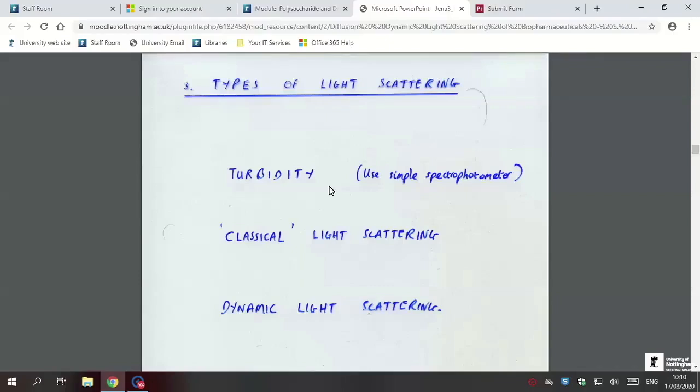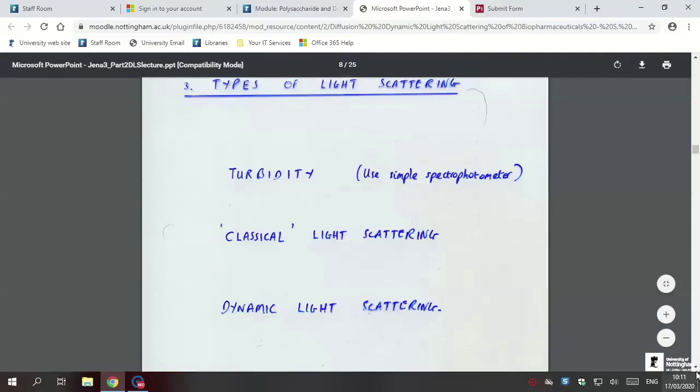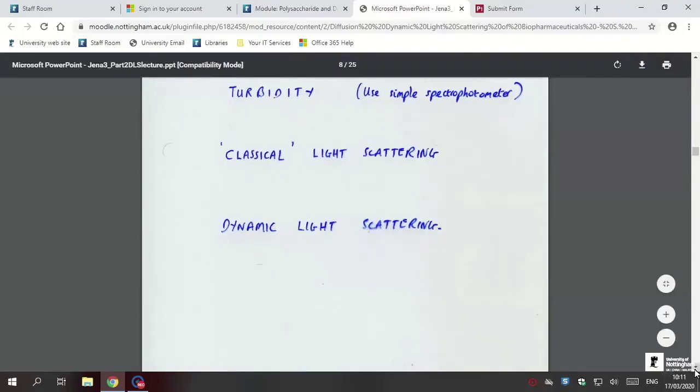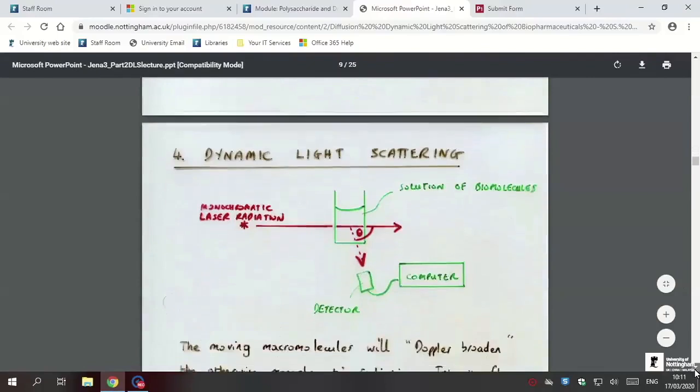And turbidity is a measurement of the loss of light at zero angle, the intensity at zero angle caused by scattering. So it's a scattering experiment, but slightly different from measuring the scattered intensity at different angles. You're measuring the loss of intensity at the zero angle. There's classical light scattering, we've done that before, that was in BIOS4003, and now this light scattering.